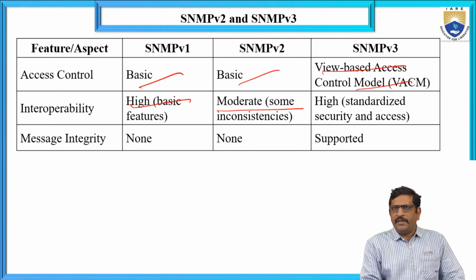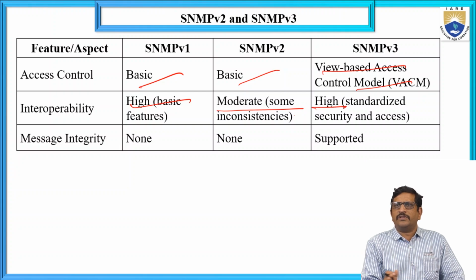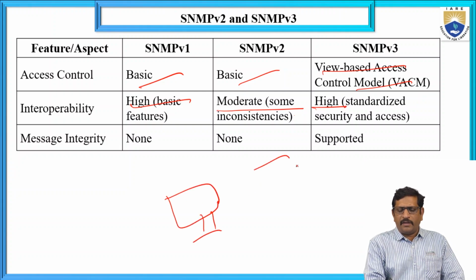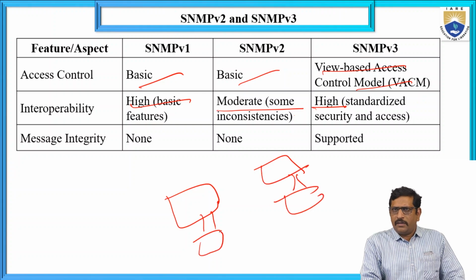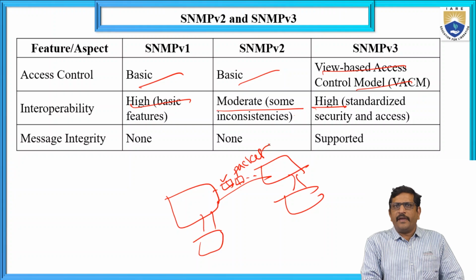In SNMPv3, very high standard interoperations can be used between the source and destination. So whatever operations we are performing between the source and the destination are high security operations. On the data packets we are transferring, the packets should provide high security and access.